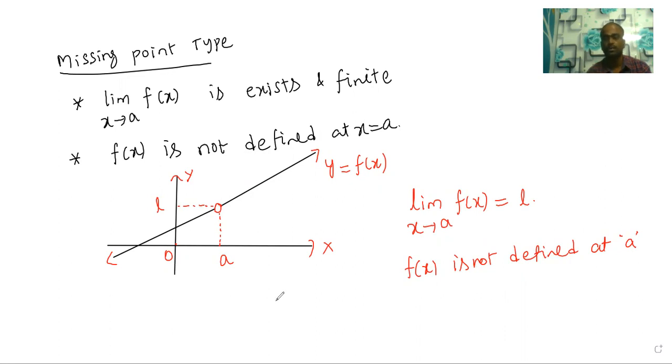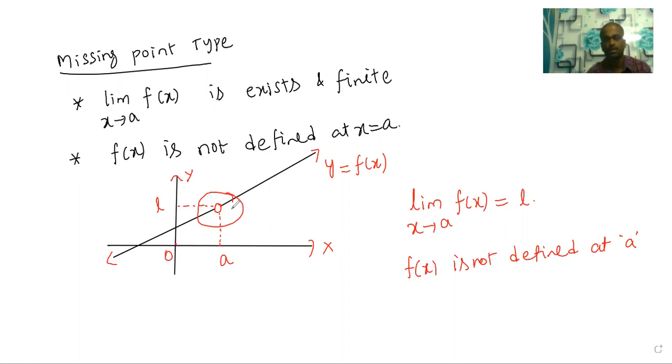So the graph of a function in the neighborhood of a will be like this if f of x has missing point type discontinuity at a.